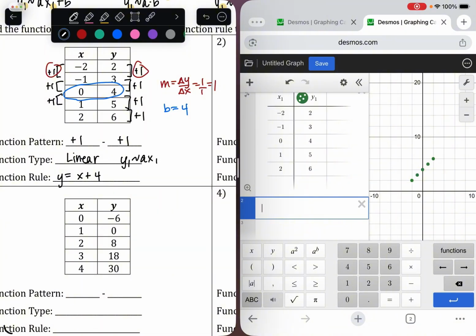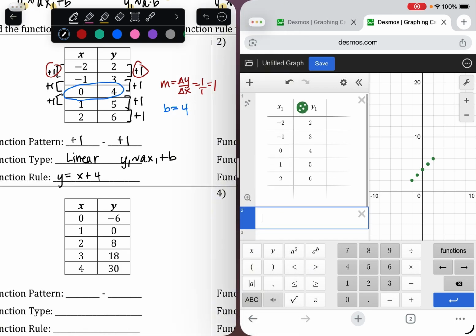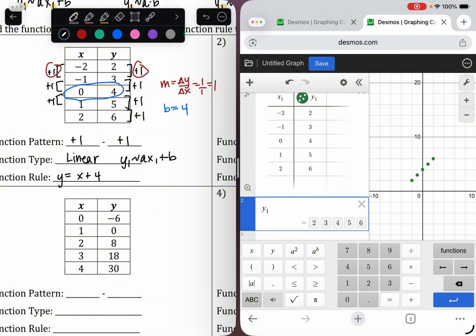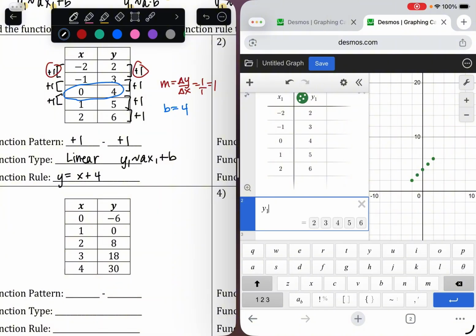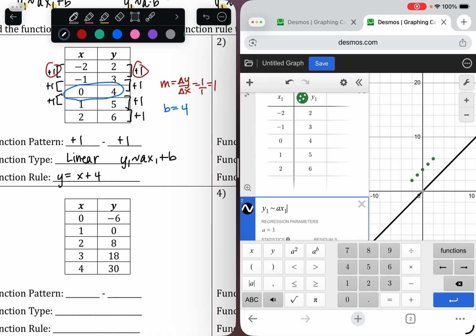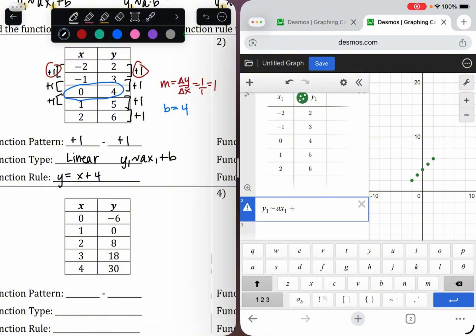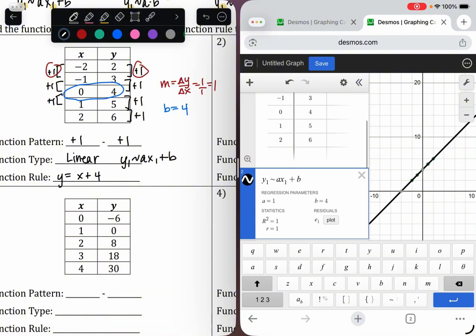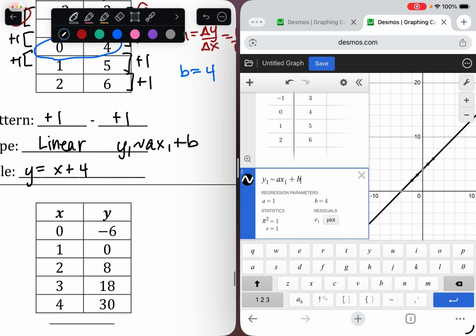If you want to use m, you can. So y1, because notice in the table you see a y1 and an x1. So you're going to copy whatever that table says. y1, and then tilde a x1 plus b. Okay, and so they tell me a is 1 and b is 4, which is what we have written here.